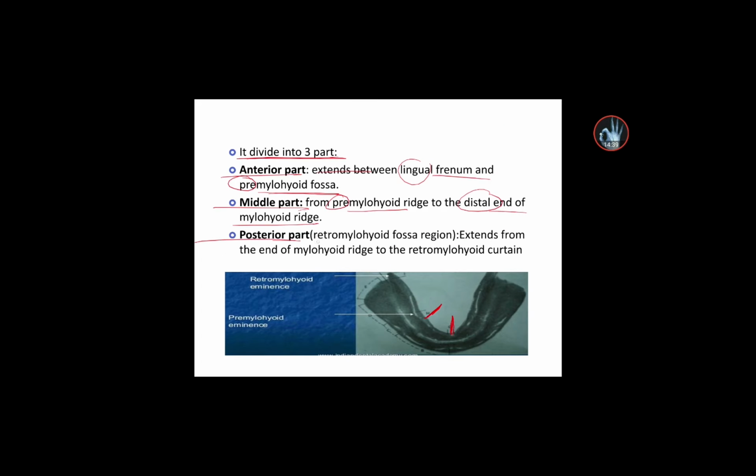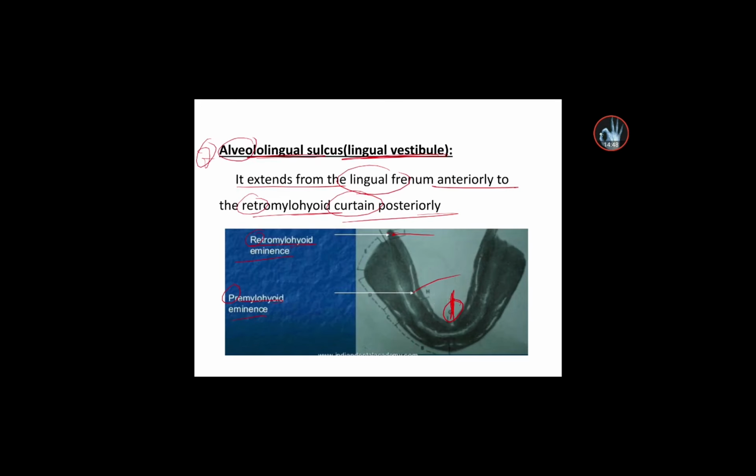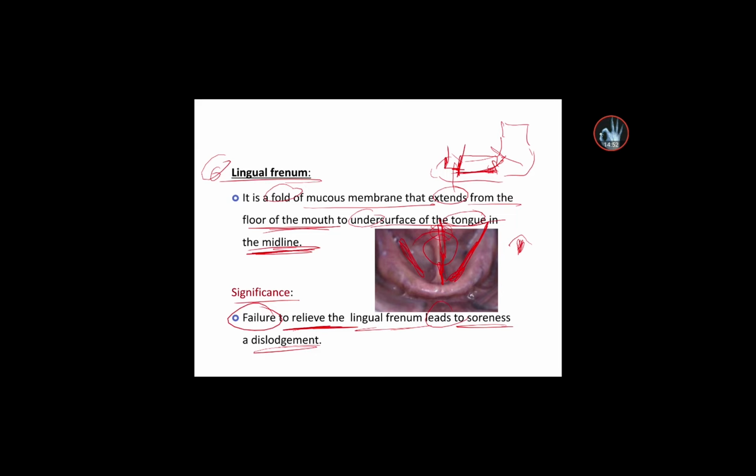And posteriorly, the retromylohyoid fossa region extends from the end of the mylohyoid ridge to the retromolar tubercle. Okay, so this is the end of the mylohyoid ridge, and it extends from here. There is something called the retromolar tubercle.